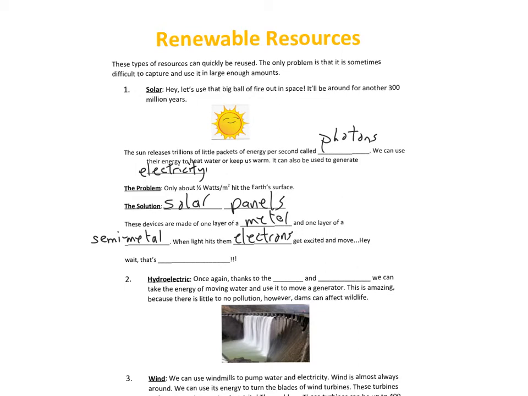The photons from the sun hit a layer of metal and give energy to those electrons, and those electrons jump from the metal to the semi-metal. When they do that, they create an electric current. Electric currents are electricity, and we have ways of storing that electrical energy, that potential energy, inside a battery connected to a solar panel, or we can use it right away.